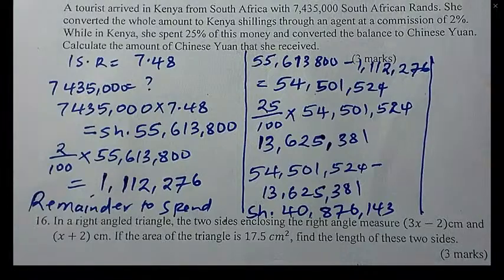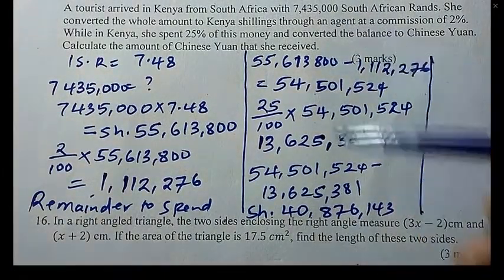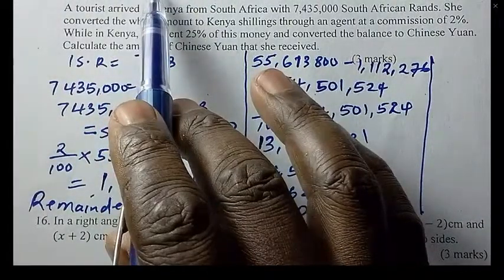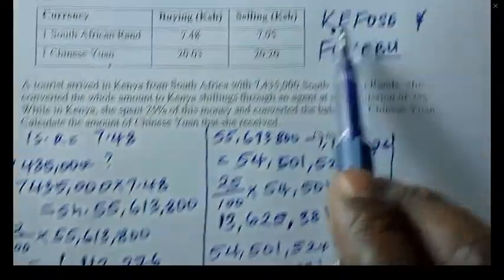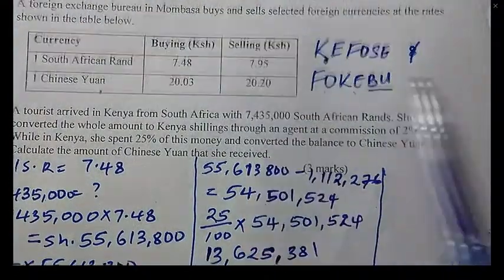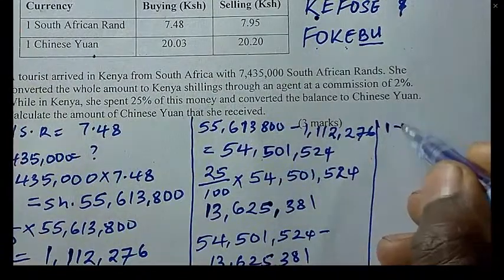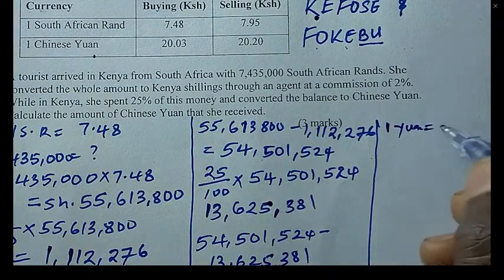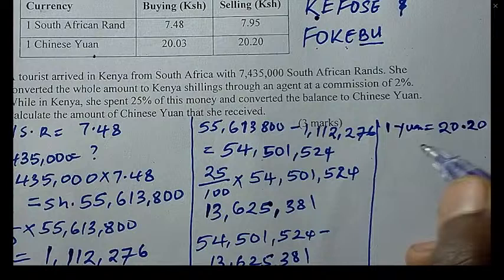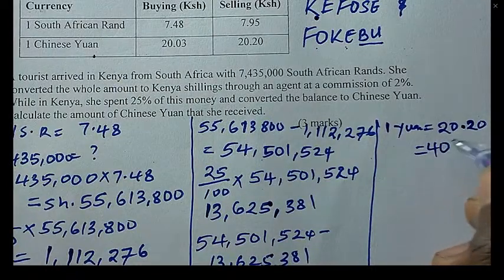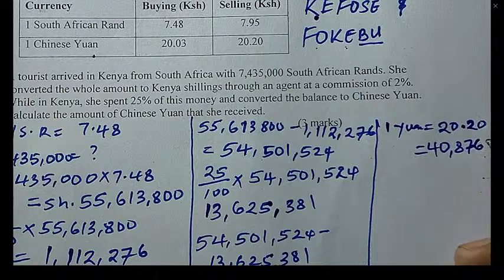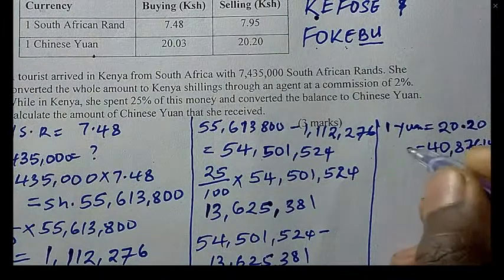Now this is what is going to be converted from Kenya shillings. This is Kenya shillings to yuan. So it is now to change from Kenya to foreign. So we are going to use now the selling column. So we are going to say 1 yuan is equal to 20.20 shillings. We will ask 40,876,143 shillings will be how many yuan.